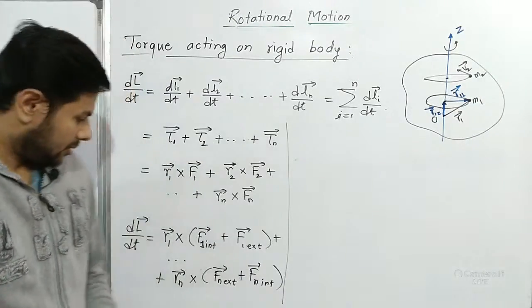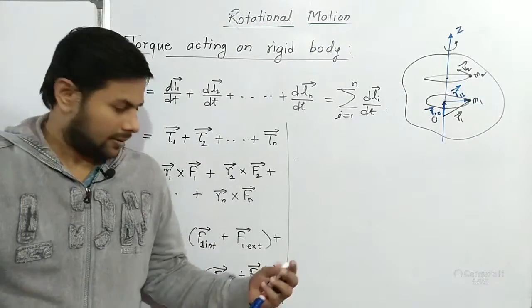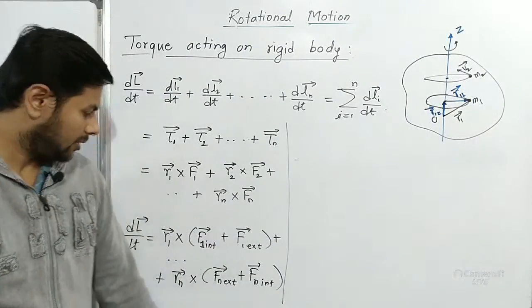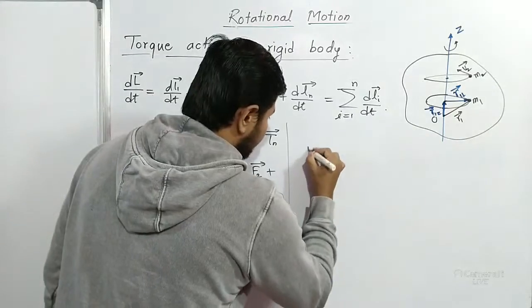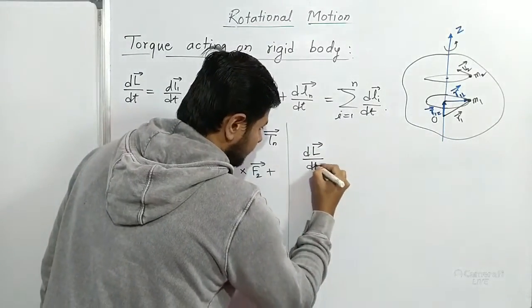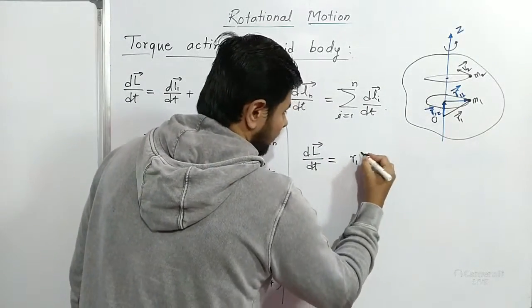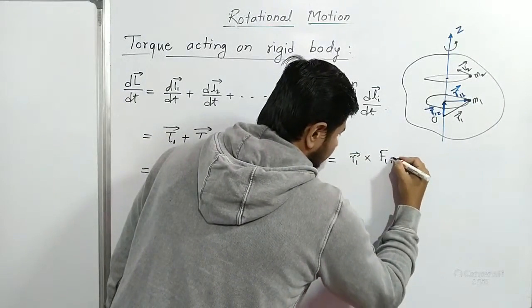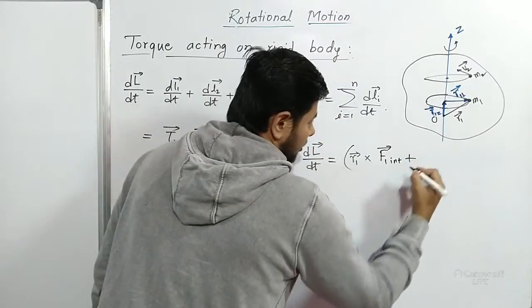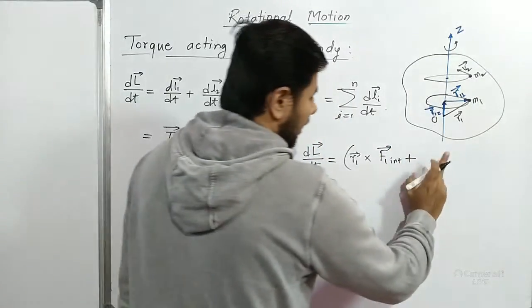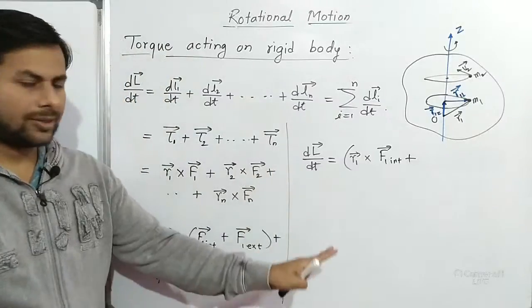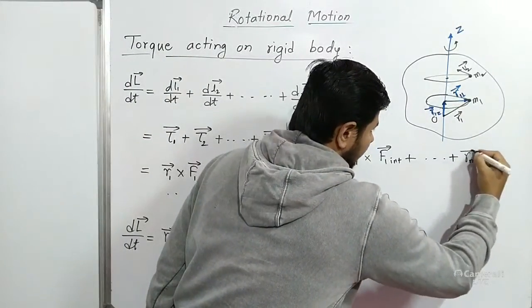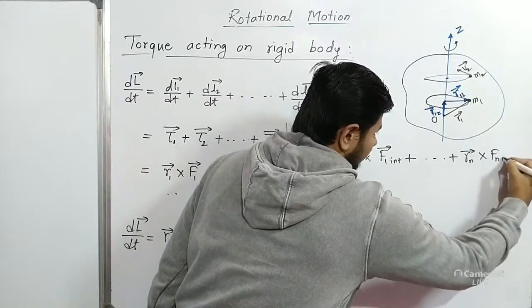And now what we can do is rewrite this, so we can split the internal and external forces. I can write dL bar by dt equals R1 bar crossed with F1 internal plus, for the second particle, R2 bar crossed with F2 internal, plus so on and so forth up to plus, for the nth particle, Rn bar crossed with Fn internal.